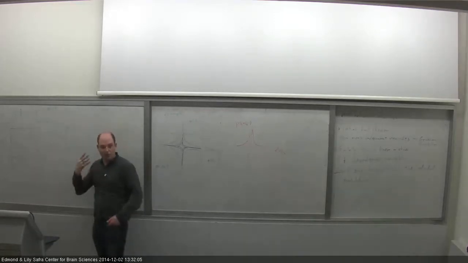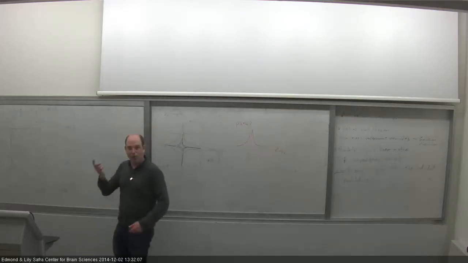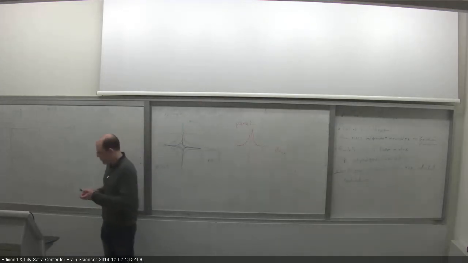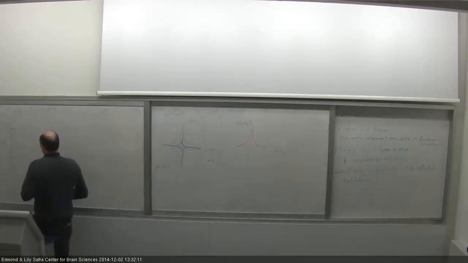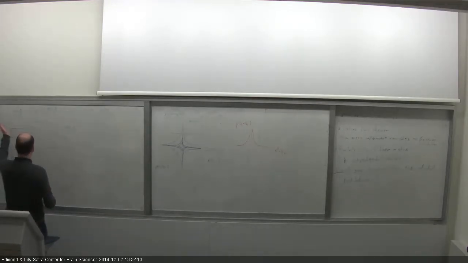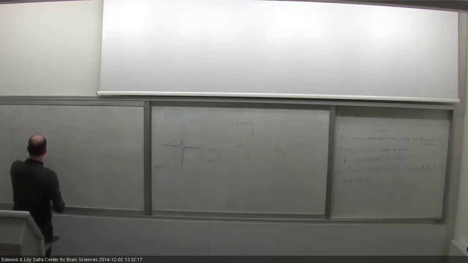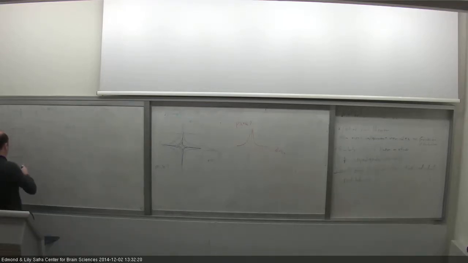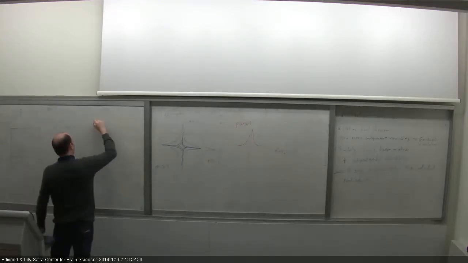What happens if I look at the probability distribution of S1 plus S2? So S1 plus S2 is constant along lines that look like this, right? This is one line like this. This is another line. This is another line. So if I look at S1 plus S2, it's like projecting over this direction. What will be the probability of S1 plus S2?